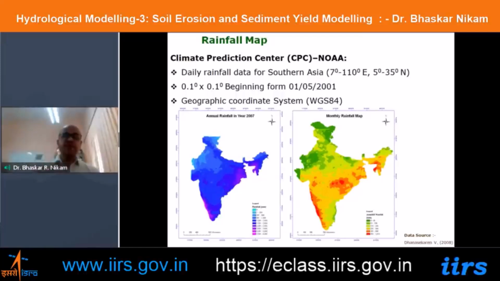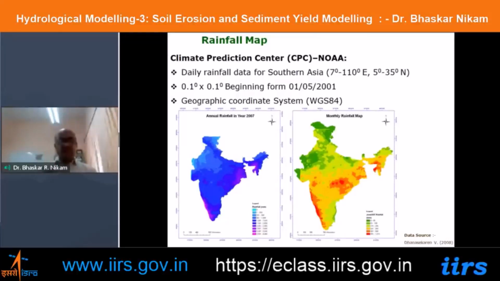I think Dr. Agarwal and Dr. Garg must have discussed the precipitation retrieval and the precipitation products that are available. We have the TRMM precipitation product, the GPM precipitation product, and even ISRO has its own precipitation product. So you can choose whichever data you want to use.